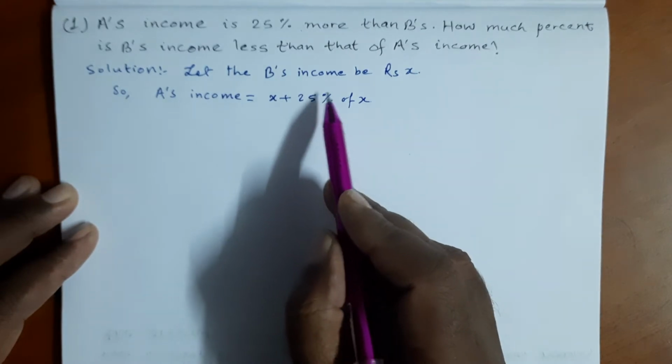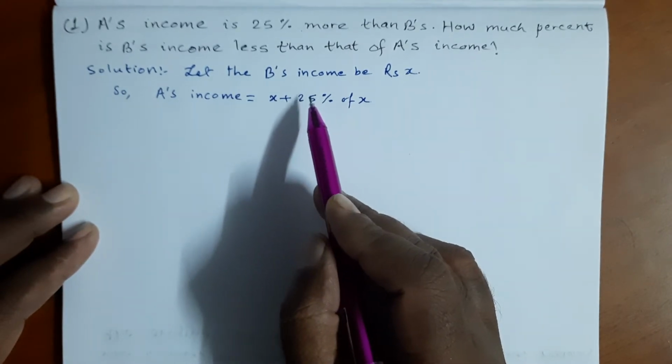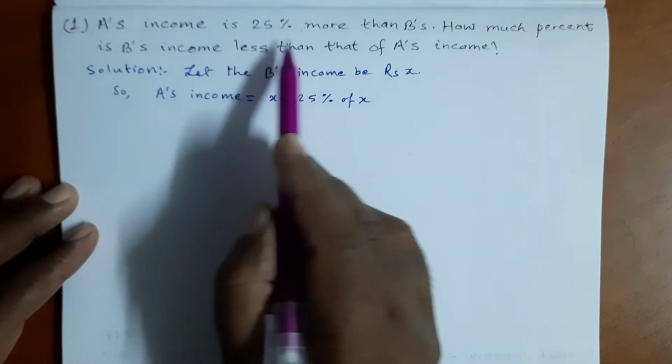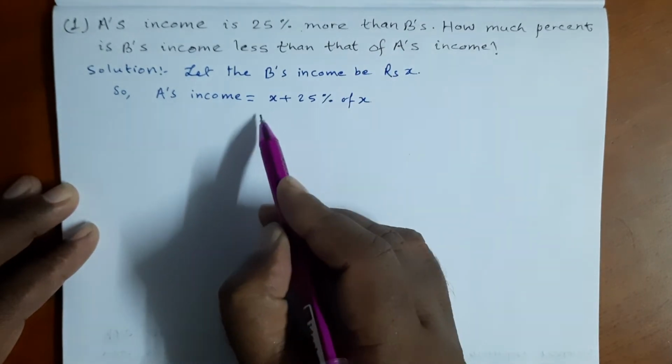If you add 25% of B's income to B's income, you will get A's income, because A's income is 25% more than B's income.